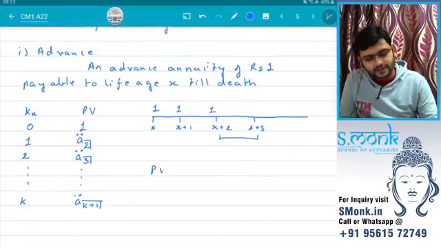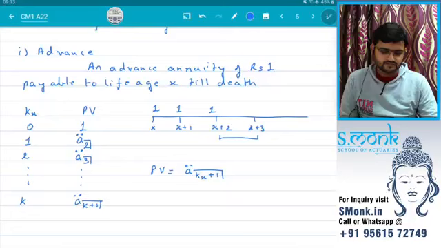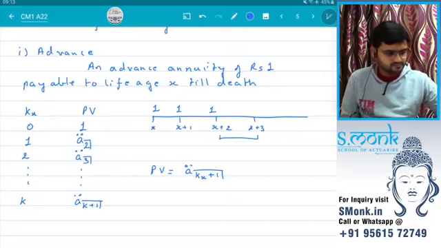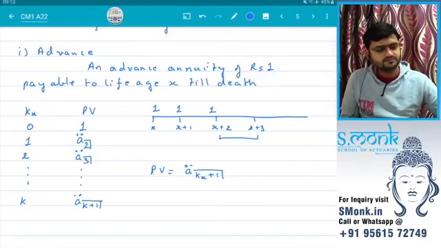So the present value is actually a due K_x plus 1. Any problem here?